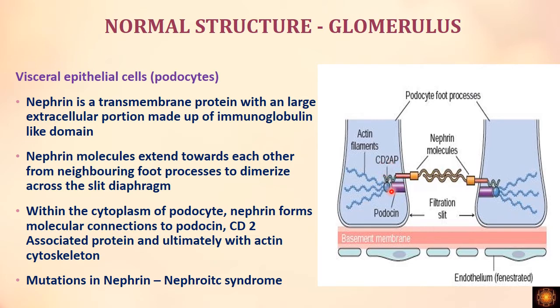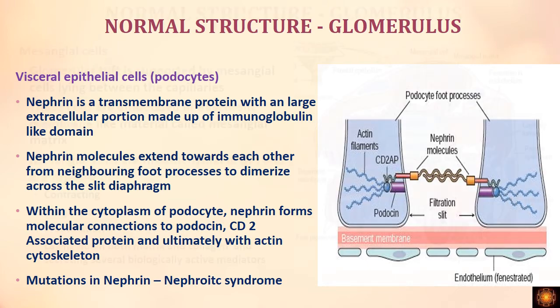These two proteins are associated with the actin filaments. So in this way, indirectly, the nephrin molecule is associated with the actin filaments. In a condition called nephrotic syndrome, we have mutation in these nephrin molecules, and then the patient will have heavy proteinuria.